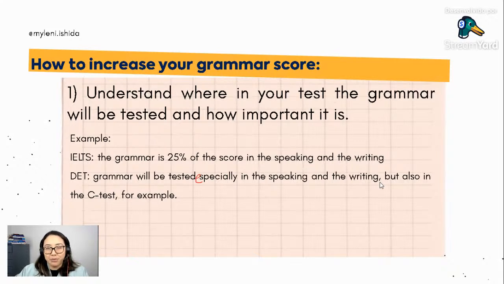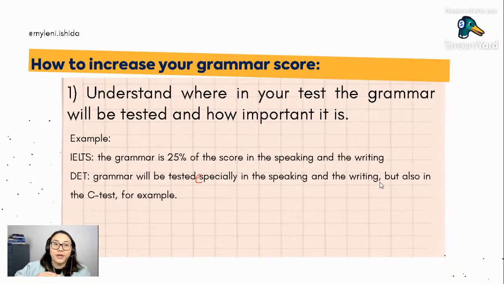Because let's think about the speaking. When you give your answer, you need to understand that grammar is one of the criteria, but you also have, for example, fluency. Fluency means the speed in which you speak. Do you speak naturally or do you make a lot of pauses? Do you hesitate a lot?